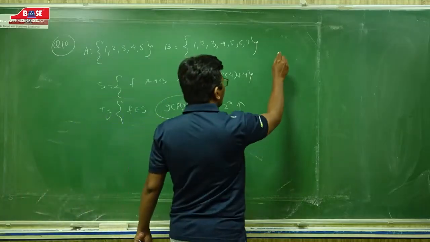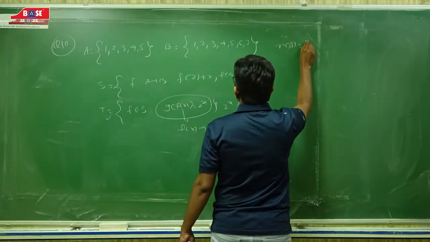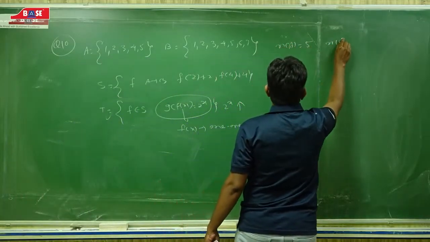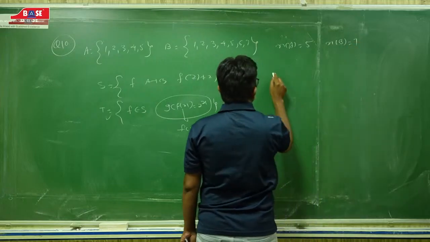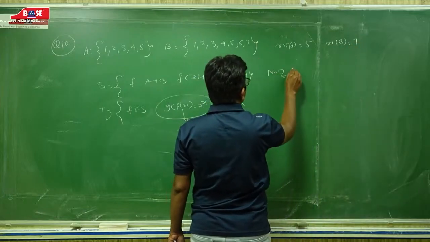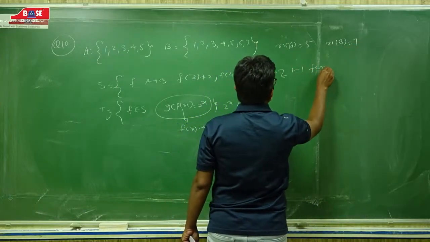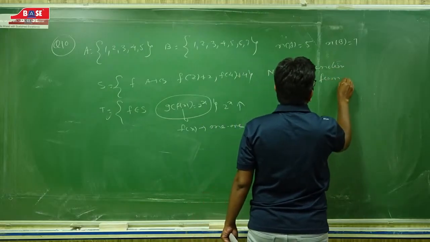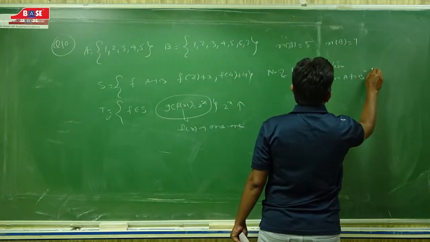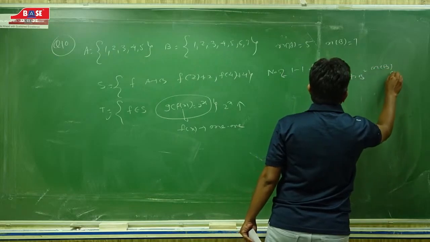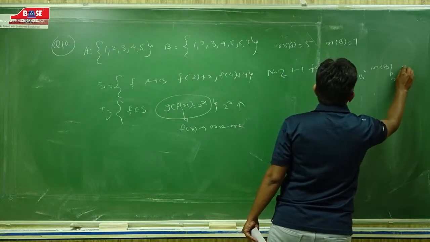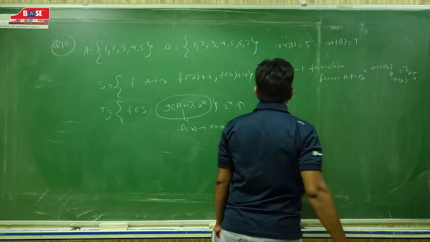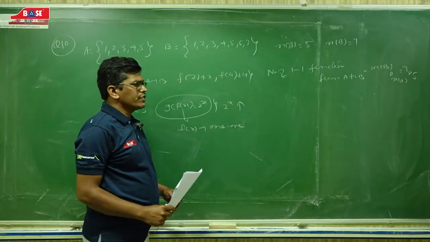So here clearly n of A equals 5 elements, n of B equals 7 elements. So the total number of 1-1 functions from A to B is n of B P n of A.